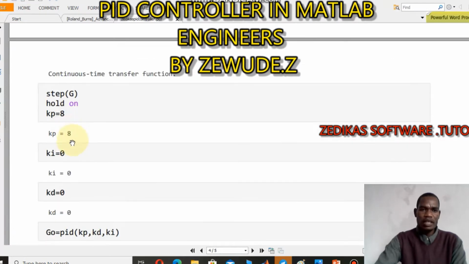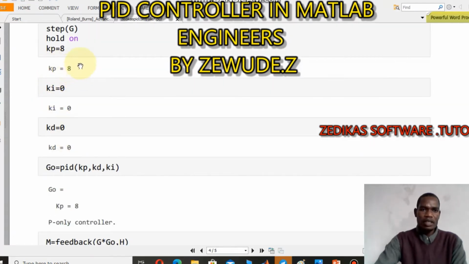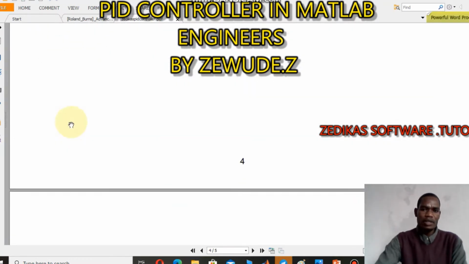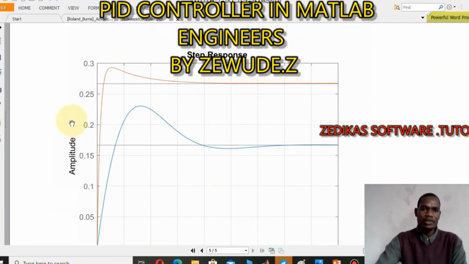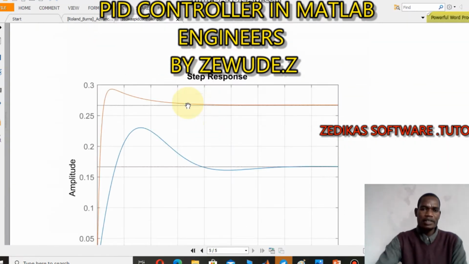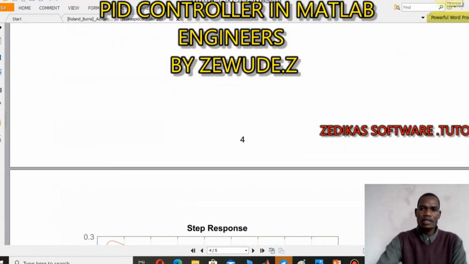So KP is 8, which means the proportional gain of the P controller is 8 and the rest are 0. We'll see the graph effect here. This is the graph, the step response for my exercise.